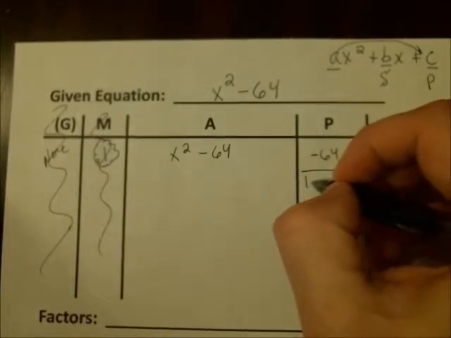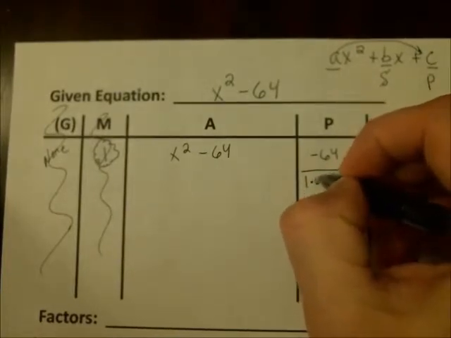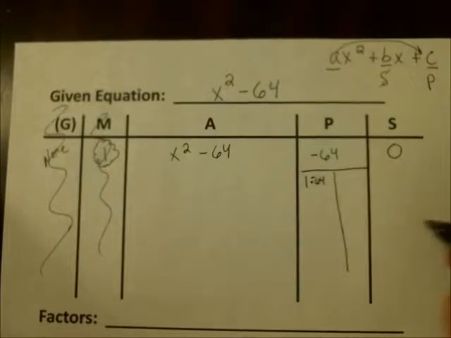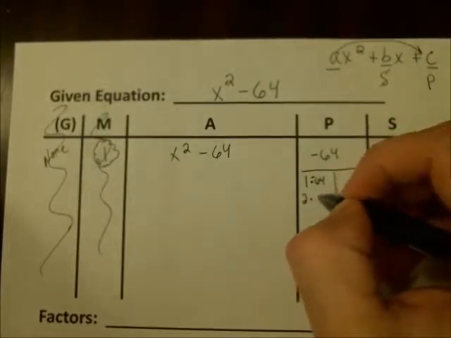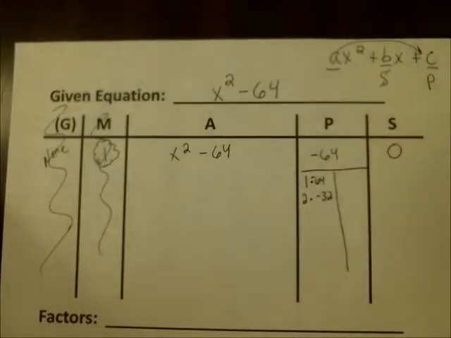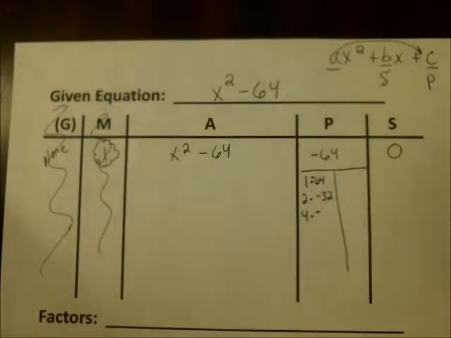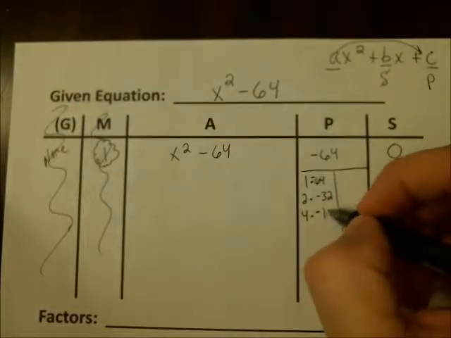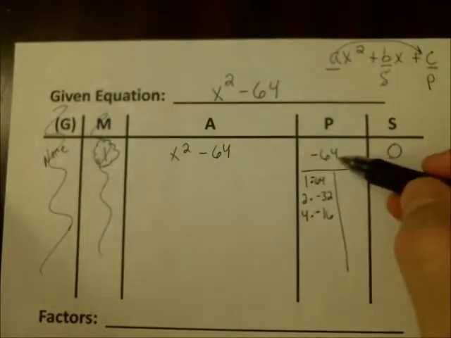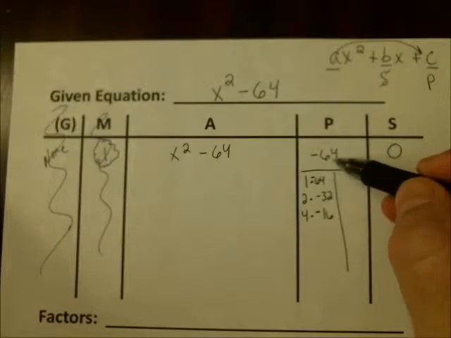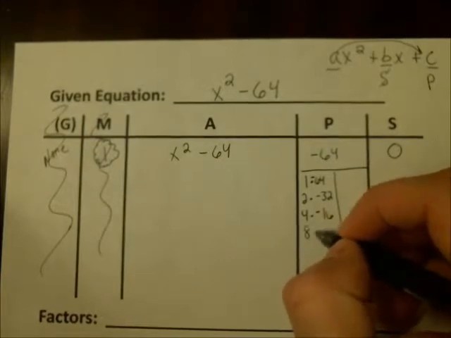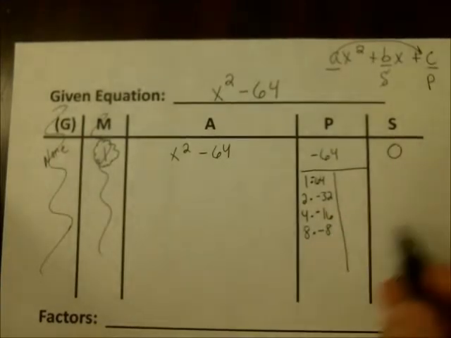Okay, well, 1 times negative 64, 2 times negative 32, 3 times 3 doesn't work, 4 does. So 4 times negative 16, 5 doesn't work, 6 doesn't work, 7 doesn't work, 8, ooh, 8 works. 8 times negative 8.